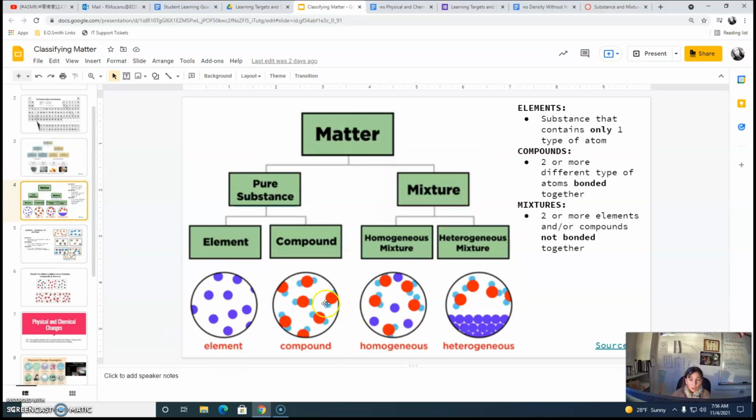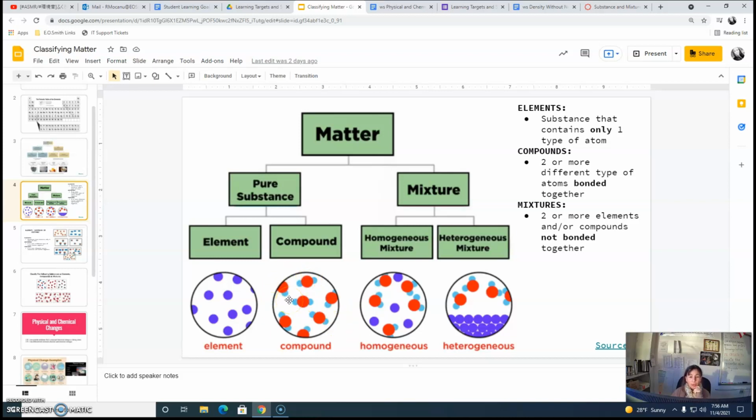If you were to show NaCl with a dot diagram like this, you would make the sodium one color and the chlorine another color, and you would have to show that they are bonded together. How do you show that in the diagram? You show your dots right next to each other, literally stuck together. That's showing a chemical bond, so this is a compound.